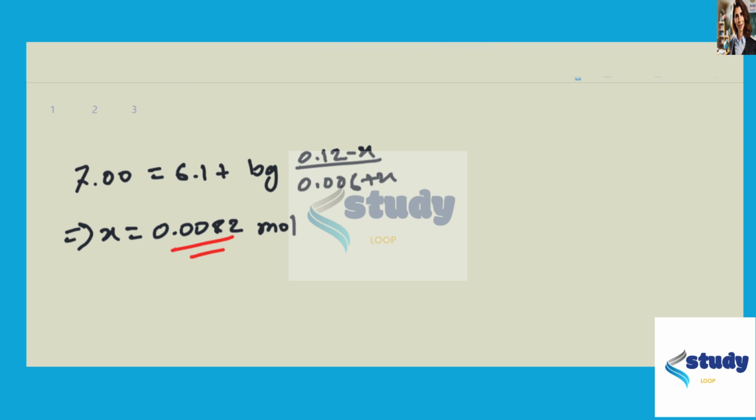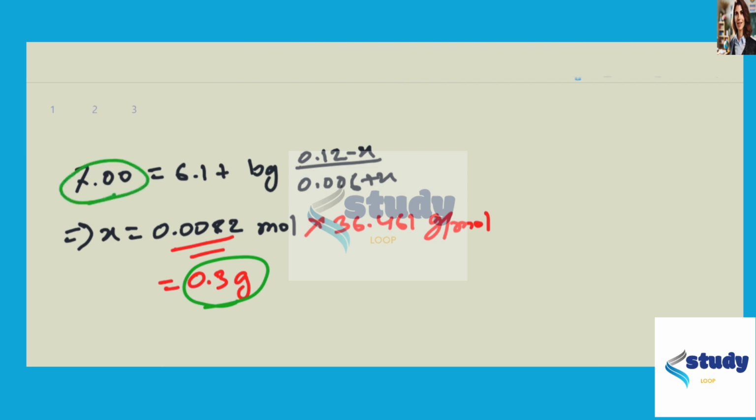We just multiply this by the molar mass of HCl, which is 36.461 gram per mole, and it will give us the mass as 0.3 gram. So this is the mass of HCl which can be neutralized by the buffer system of the blood before the pH falls below 7.